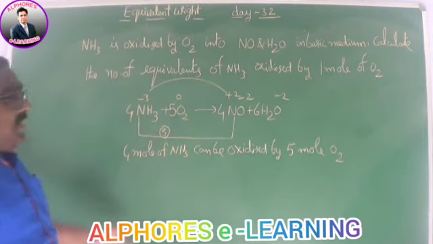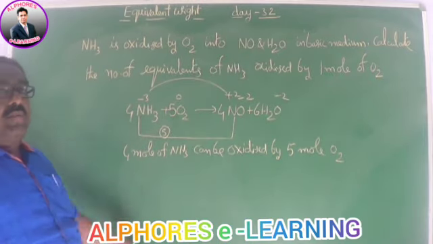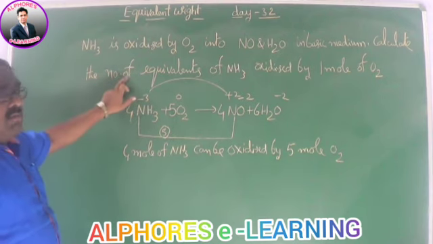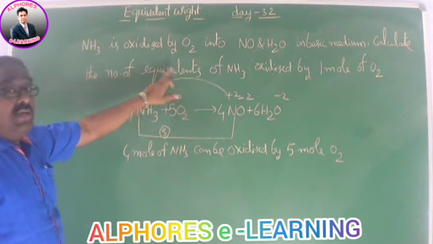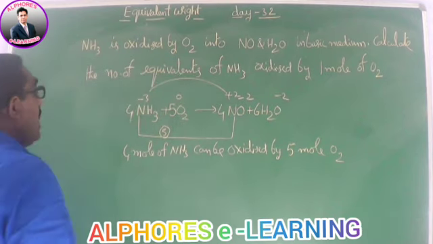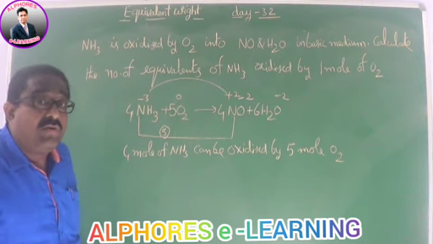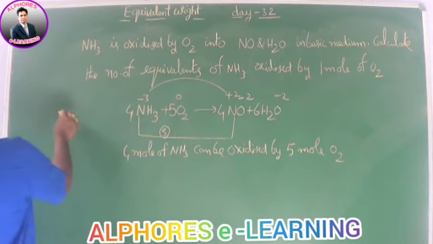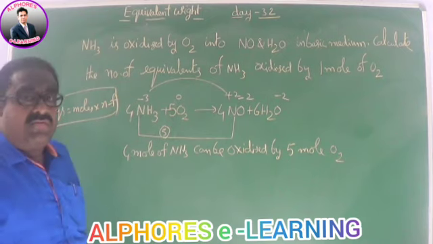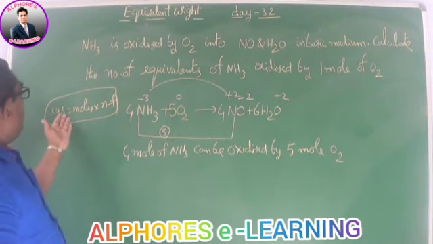That's the data one can write from observing the balanced chemical equation. Now he is not asking for moles of ammonia, he is asking for equivalents of ammonia. How do you convert moles into equivalents? Equivalents is equal to moles into n factor. The principle of gram equivalence.